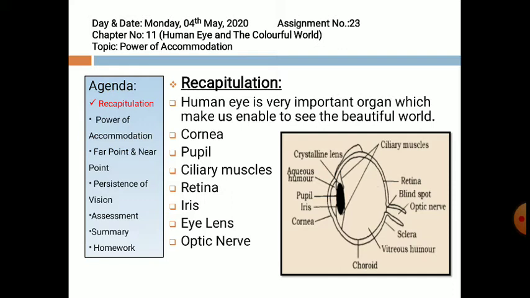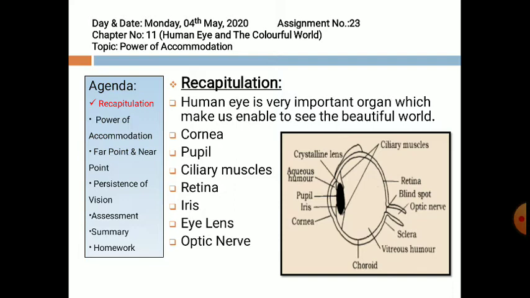Ciliary muscles. These are the muscles which hold the eye lens in proper place and control the focal length of the eye lens according to the distance of the object in front of the eyes. Next one, retina. It is a sensitive membrane situated at the back side of the eye and acts as a screen of the eye where the image of the object is formed.